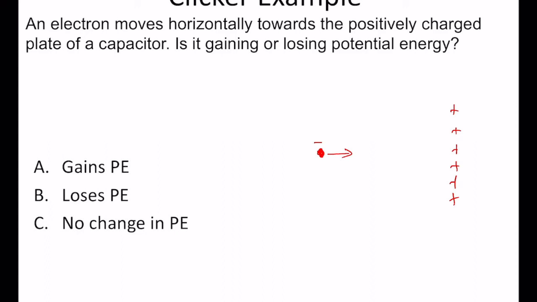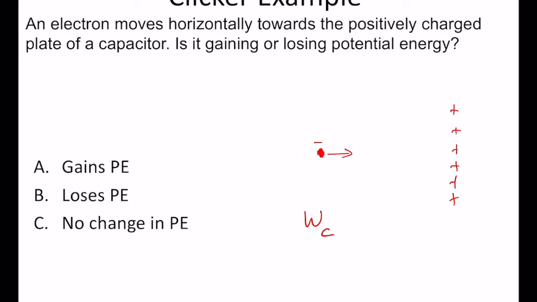Well, here the conservative force, which is the electrostatic force, is it doing positive or negative work? Think about that for a moment. The electrostatic force is trying to take it to the right because it's a force of attraction, right? And the electron is moving to the right, which means that the electrostatic force is getting its way. So the work done by a conservative force is going to be positive.